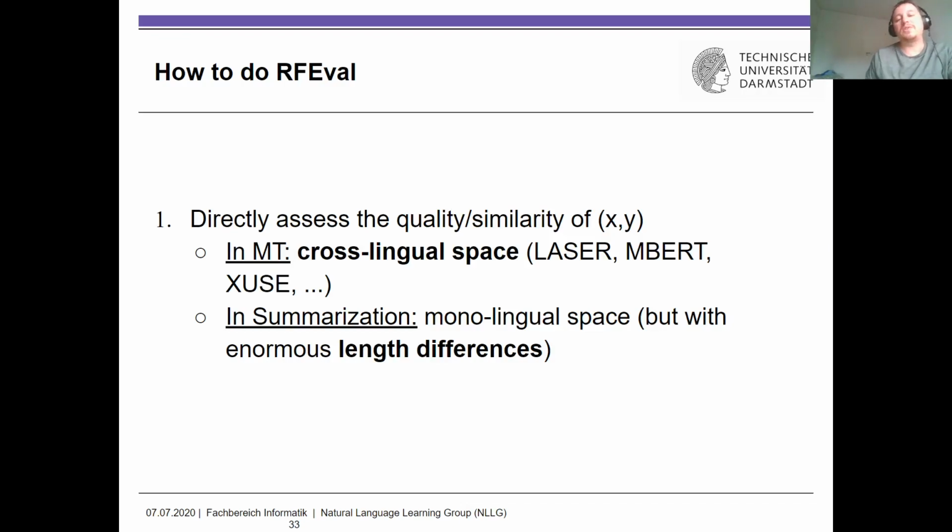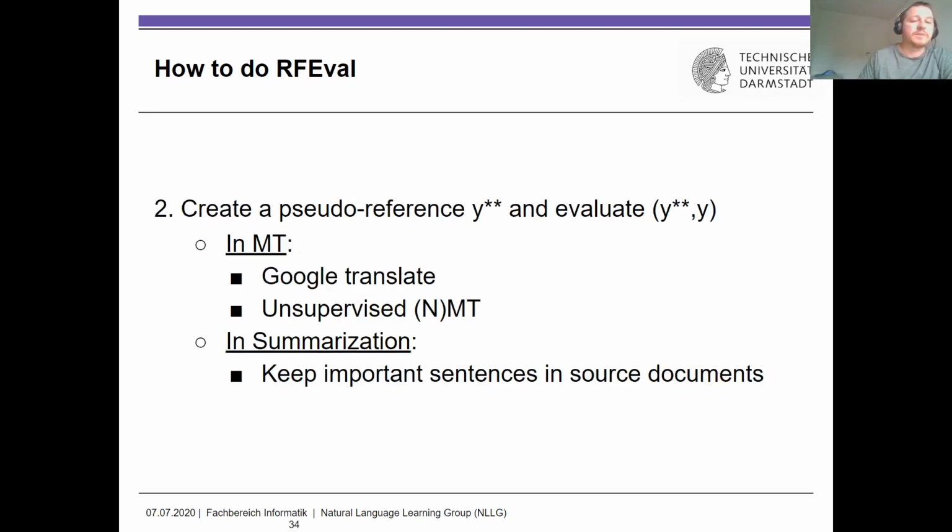But then you have those enormous length differences, right? Where you have an input that is very long because it may consist of thousands of documents which are all very long. And you have to compare those with one small human summary, right? So you have big length differences.